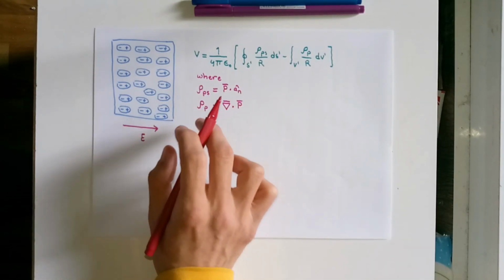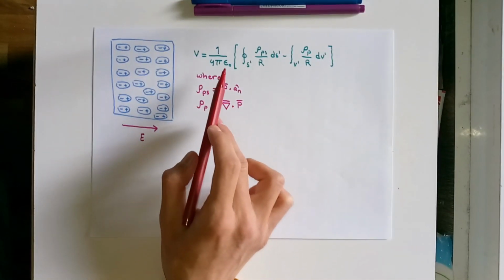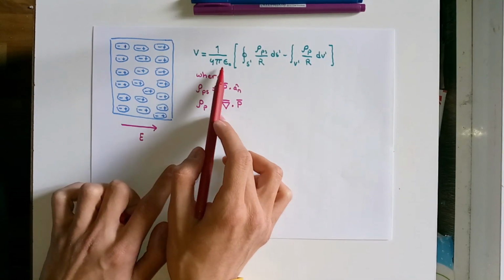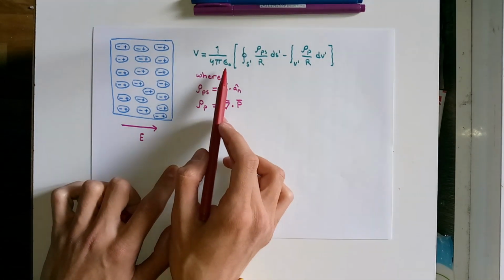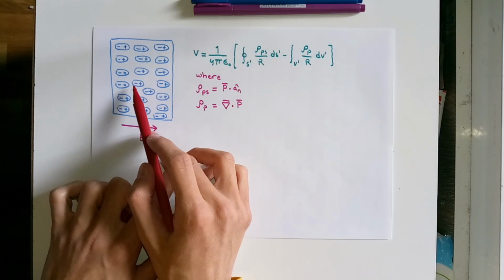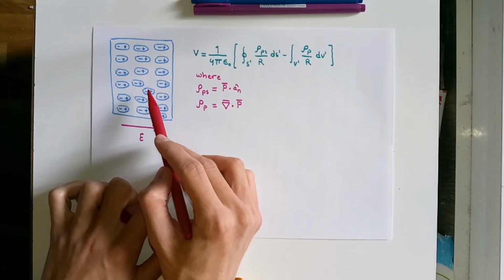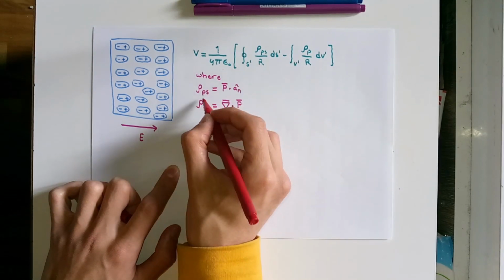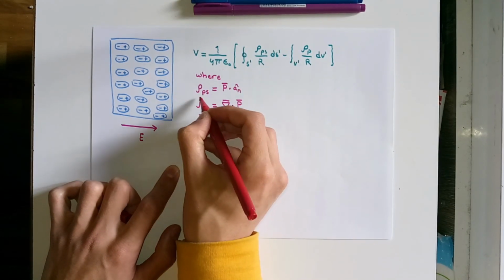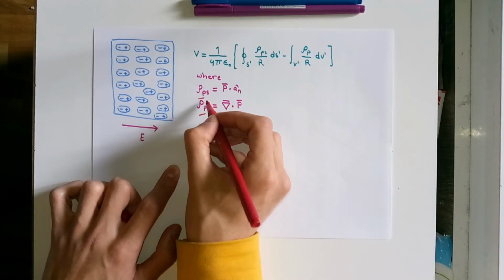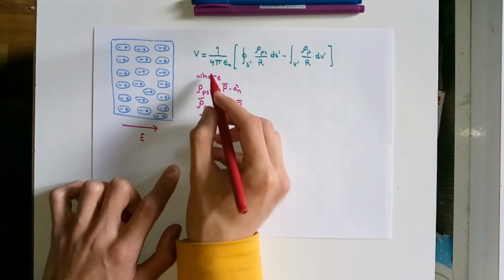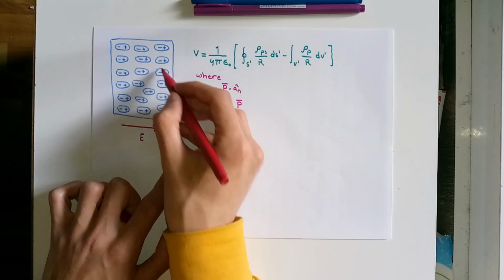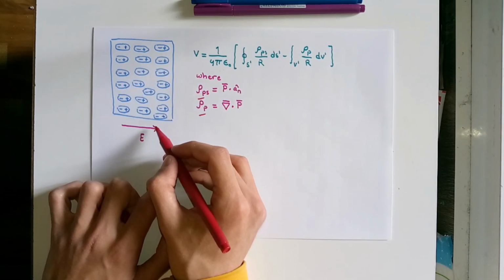Now let's interpret this equation. This equation asserts that the polarization of the dielectric material leads to the generation of both volume and surface polarization charge densities, which collectively contribute to the potential produced by this polarized dielectric.